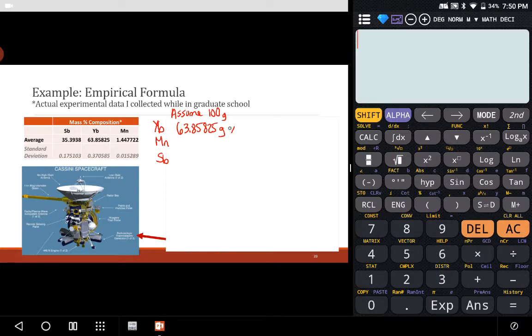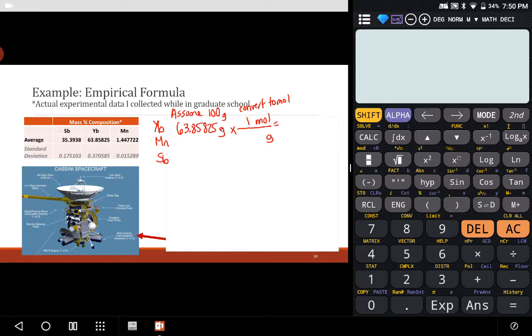And then I have to get that into moles. So convert to moles. I need to cancel out my grams and get into moles, and so this is my molar mass.